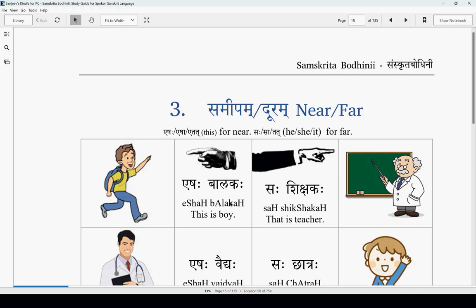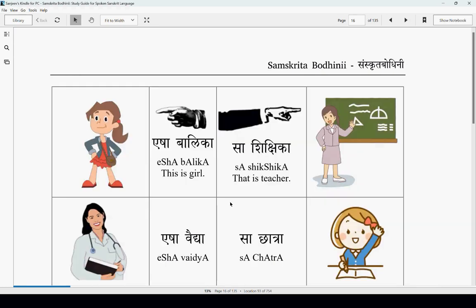It is balaka, shikshaka, they are all in pullingam. Balaka, shikshaka, vaidyaha, chhatraha, krishakaha, gayakaha, etc. They are all in pullinga. There are more examples here with strilinga words, or the feminine gender words. So which are the words here? Balika, shikshika, vaidya, chhatra, etc.